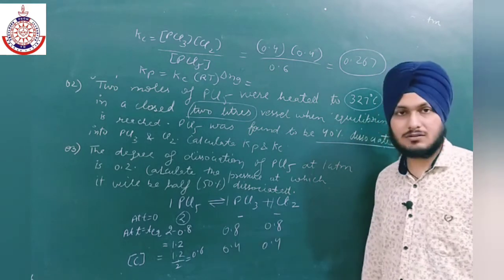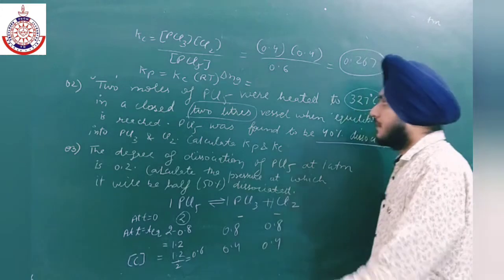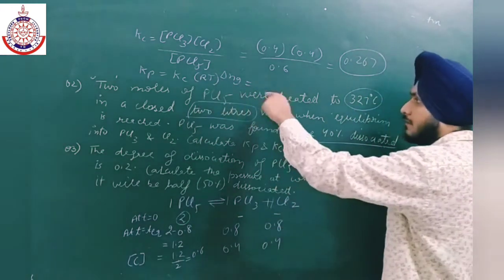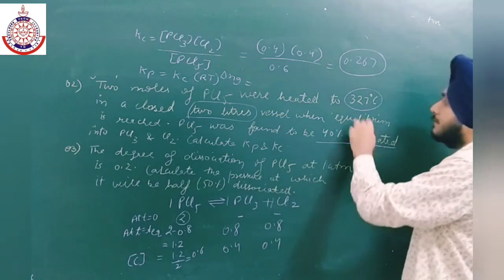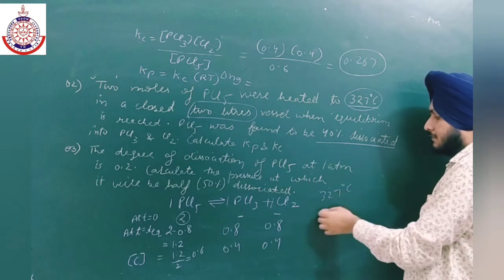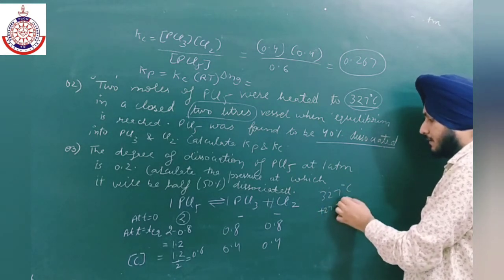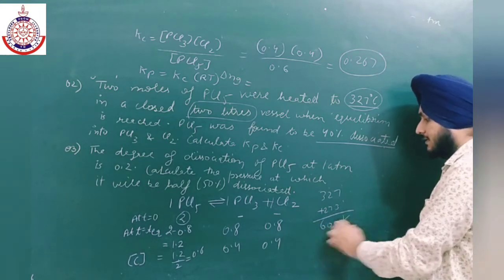Here the number of moles of product is 1 plus 1, 2, and 2 minus 1, so delta Ng is 1. The value of R is 0.082, and we have to take the temperature in Kelvin: 327 degrees Celsius plus 273, so it will be 600 Kelvin.